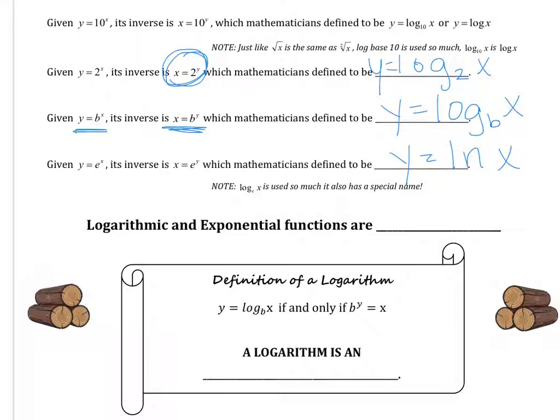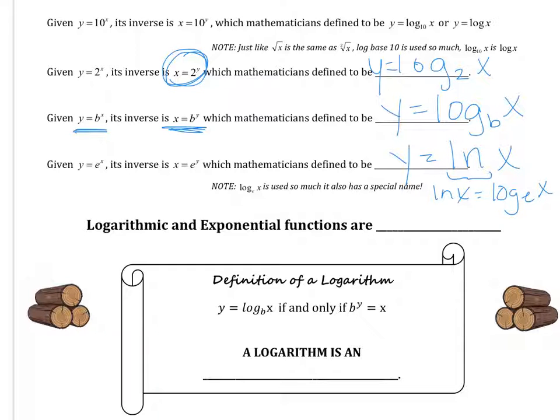So this is called the natural log. ln is the same as the log base e of x, but we will never write it as the log base e. You'll never see it that way. It's always written as ln of x, natural log of x.